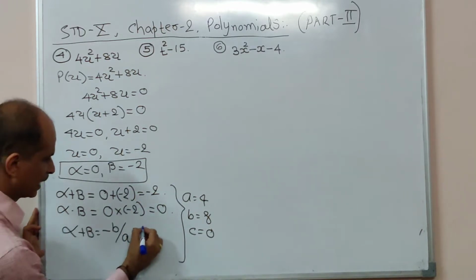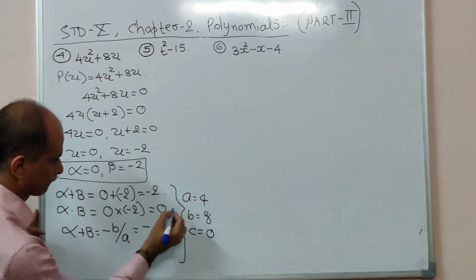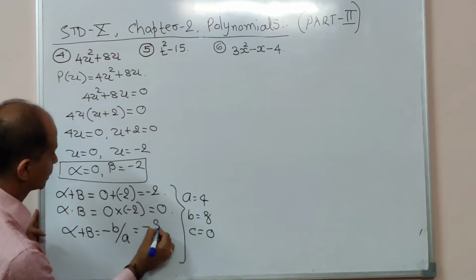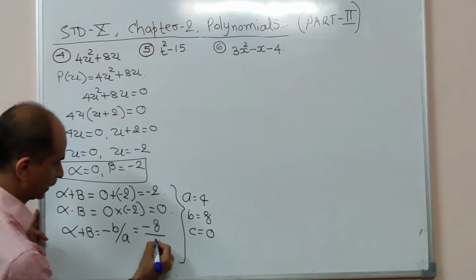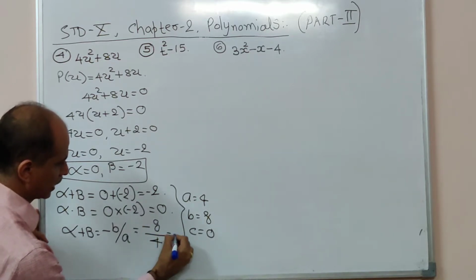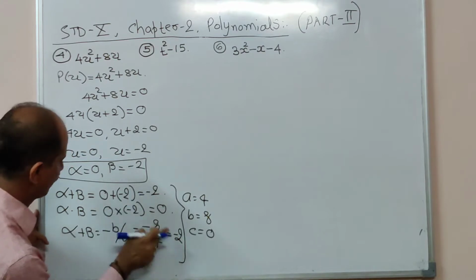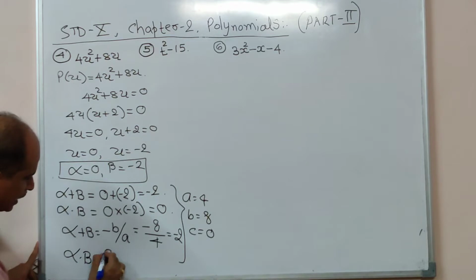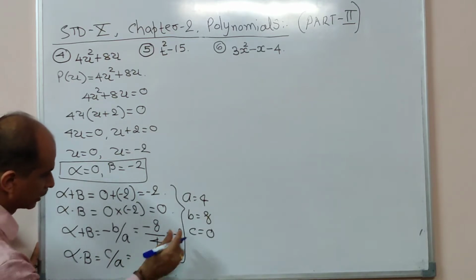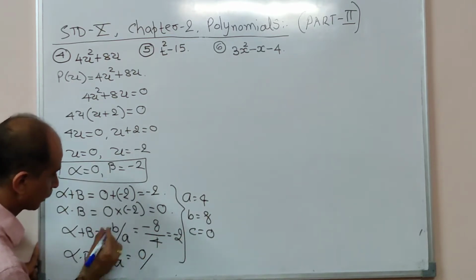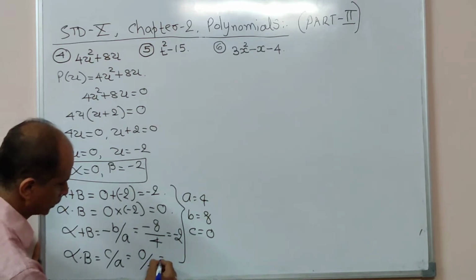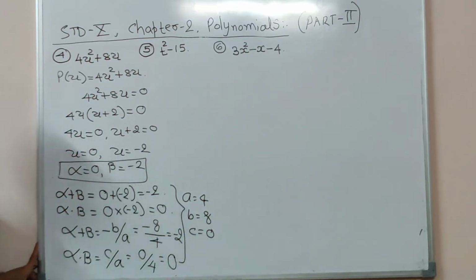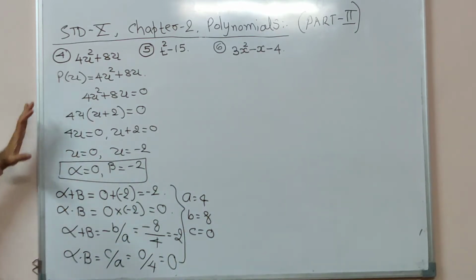So minus b by a, minus b means 8 by a means 4. Again you get minus 2. It verifies with alpha plus beta. Now alpha into beta is equal to c by a. Here c means 0, a means 4, 0 by 4 is equal to 0. So we have verified this.